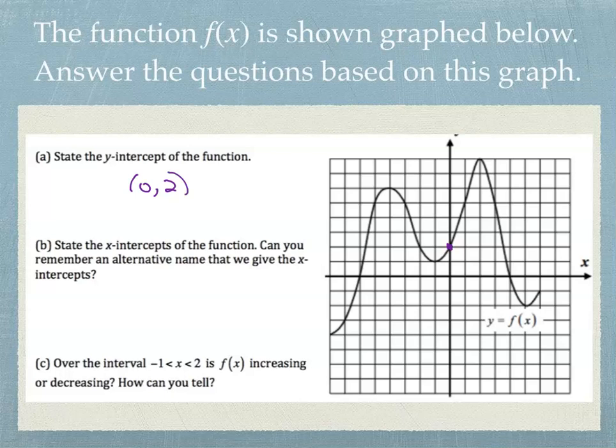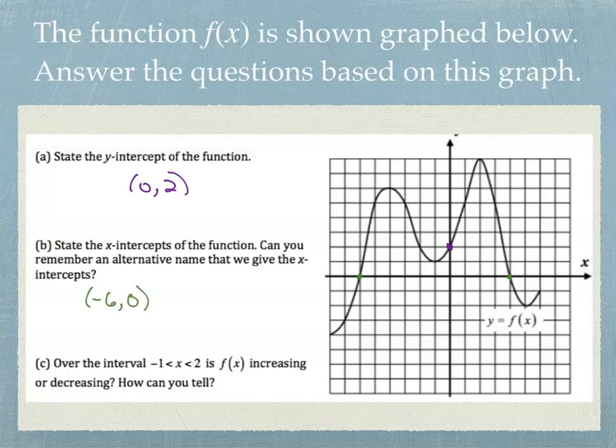The x-intercepts of the function happen when y is 0. So the x-intercepts happen here and here. I've got to count it: 1, 2, 3, 4, 5, 6.